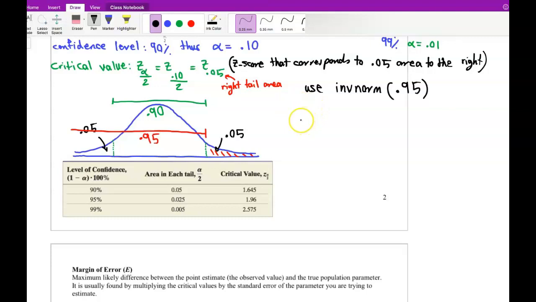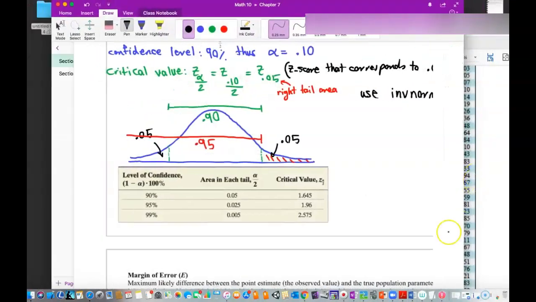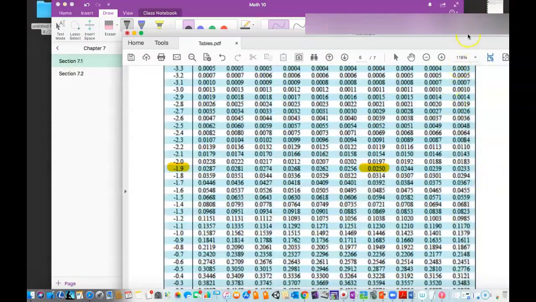Or using table to find the answer. So here is our table.